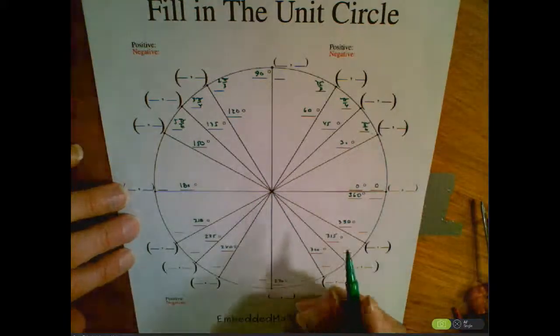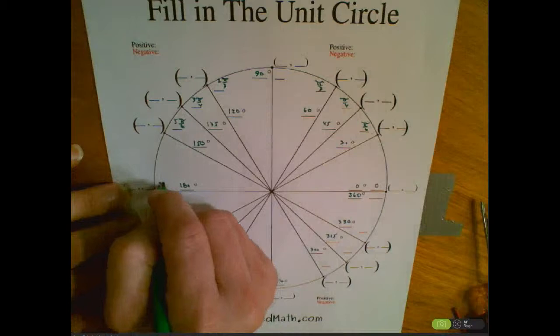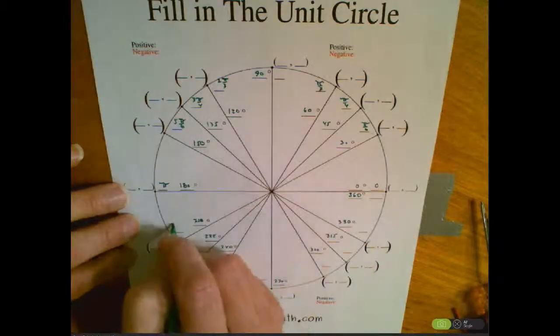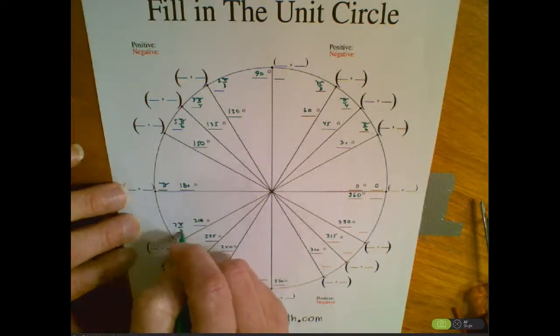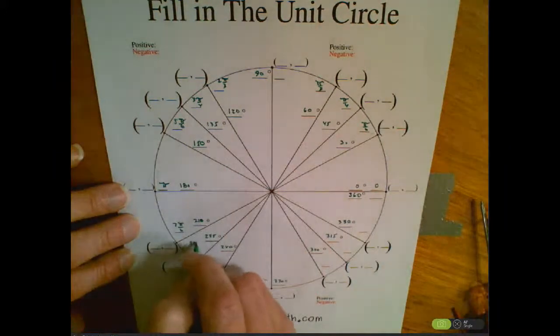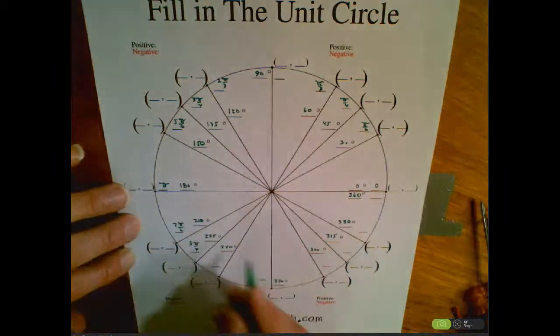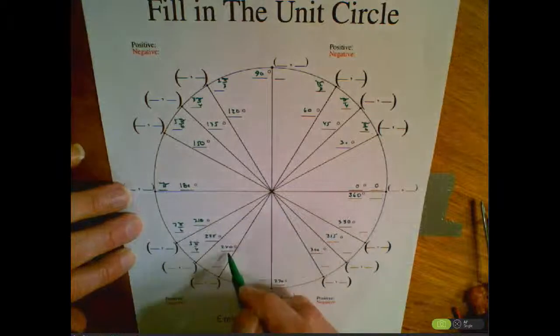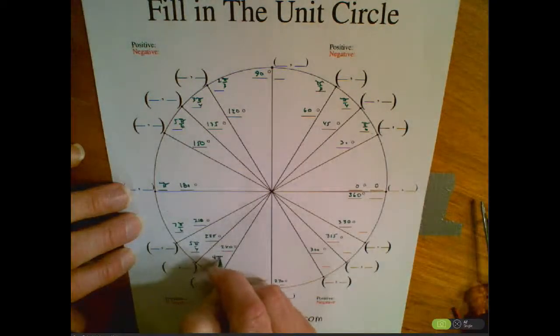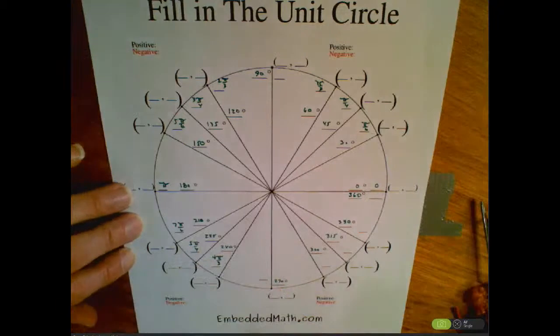Okay, now let's go ahead and move on. Then we have pi here. We have 7 pi over 6. Then we have 5 pi over 4. And then we have 4 building blocks of pi over 3, so this is going to be 4 pi over 3.